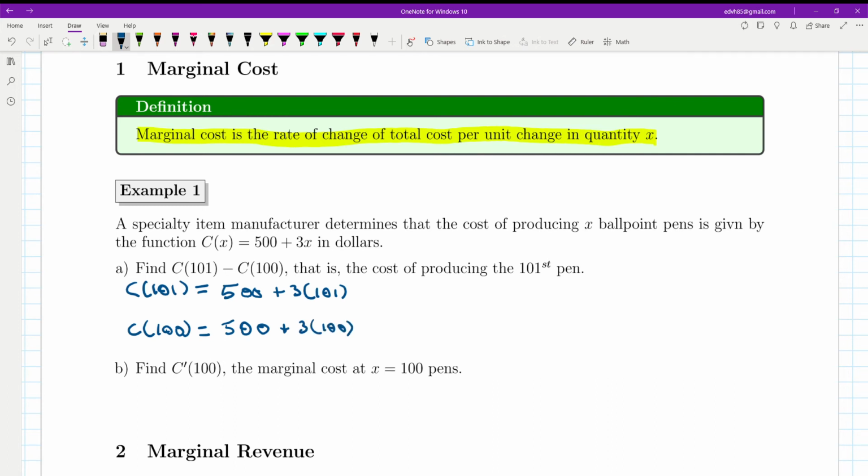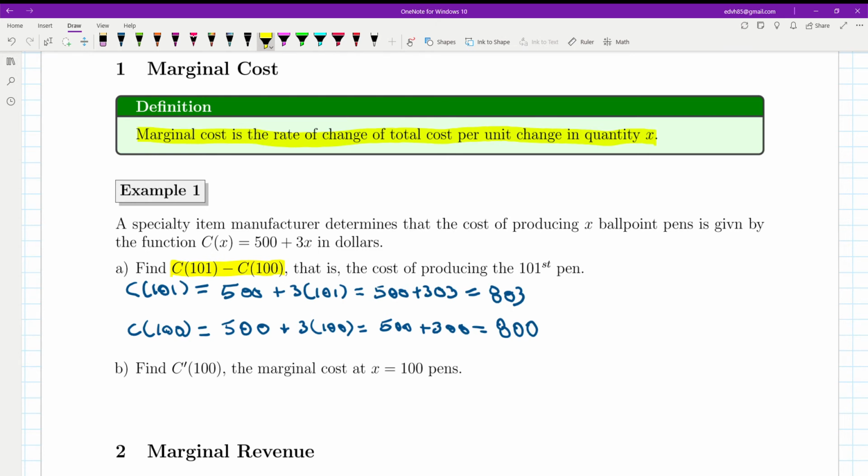Multiplying this, that's 500 plus 303, which equals 803, and 500 plus 300, which gives us 800. So we want to find the difference between these two quantities.